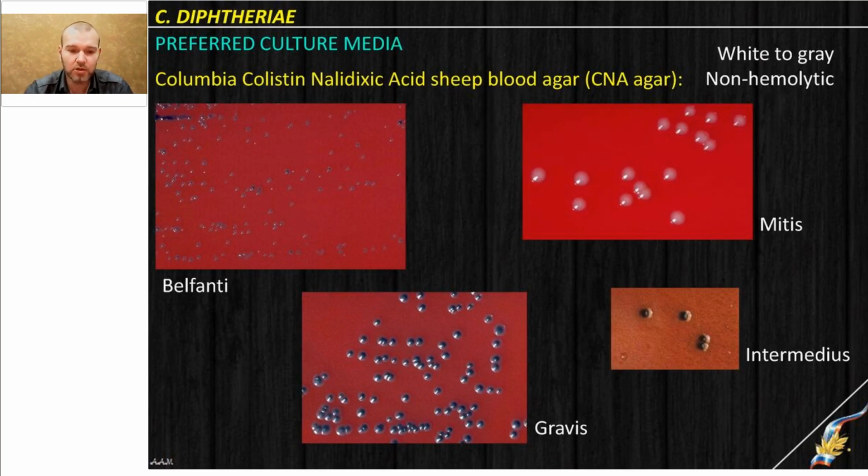Biotype intermedius usually causes moderate clinical symptoms. In the culture medium, colonies are also small but dark grayish, without any hemolysis around as well. Gravis means heavy. Diseases caused by that biotype are usually acute and severe, with poor prognosis and poor outcomes.